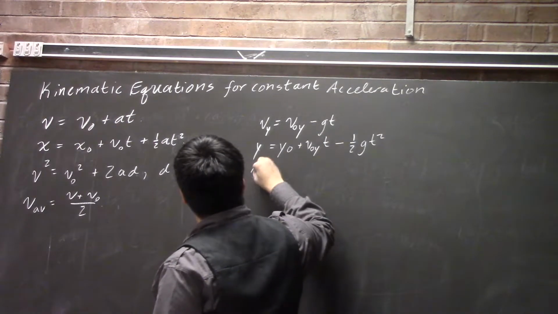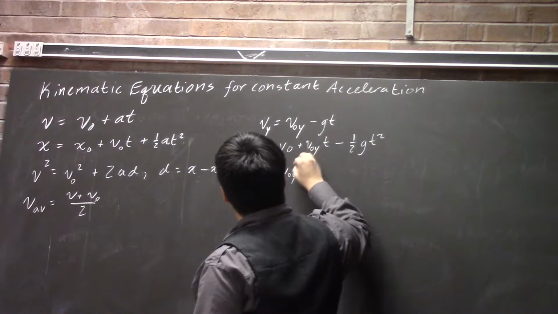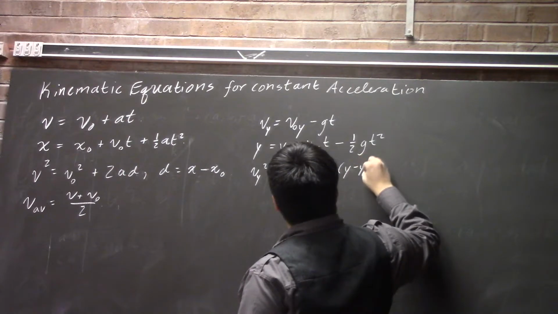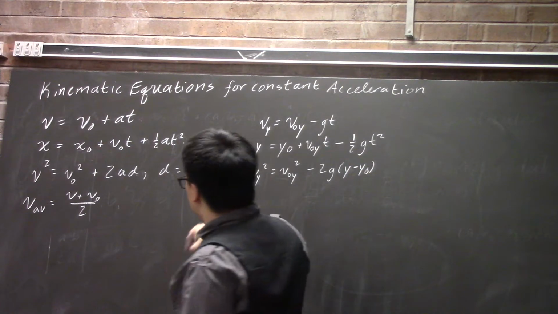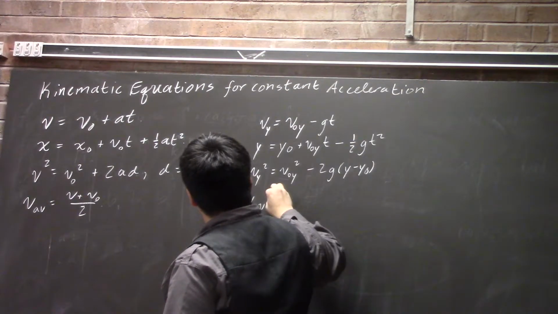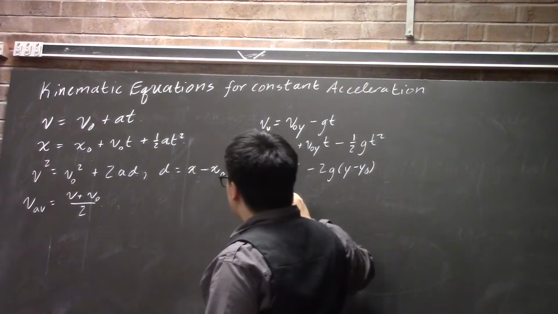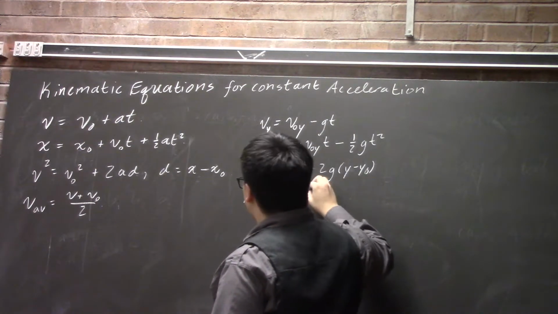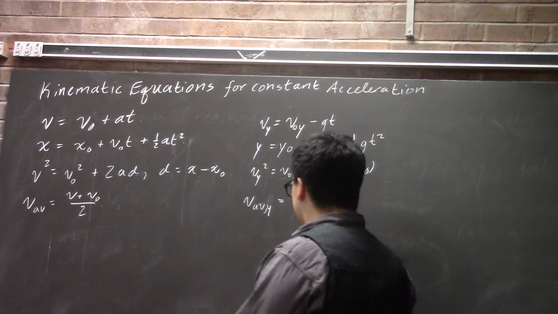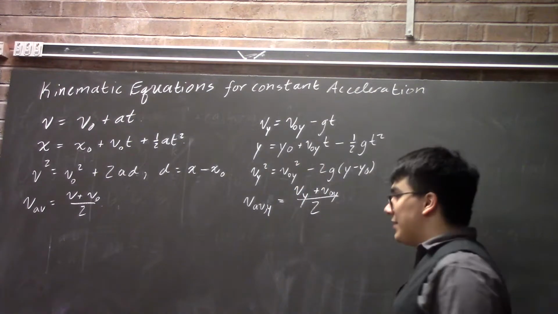This becomes v y squared equals v naught y squared minus 2g (y minus y naught) instead of d. And our average velocity in the y direction is just going to be (v y plus v naught y) over 2.